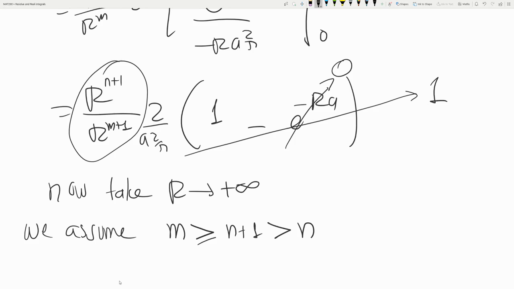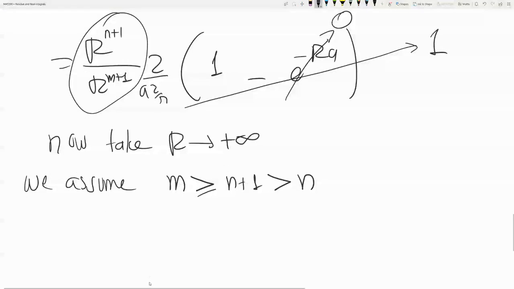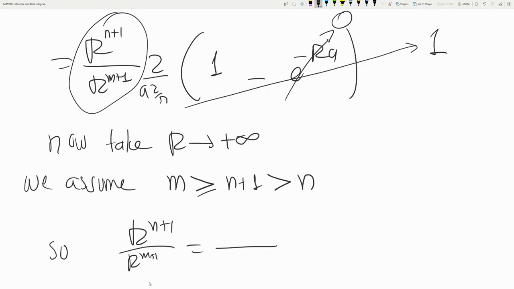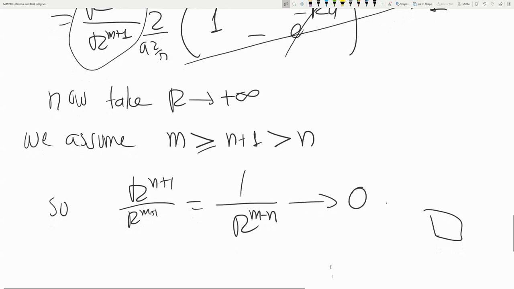So R to the n plus 1 over R to the m is R to the n minus m, which goes to 0. And that's it. That was it.